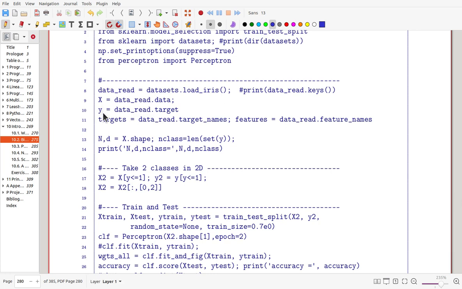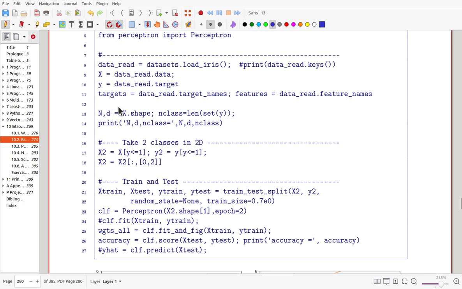The label names are not 0, 1, 2 themselves; there are 3 classes, so the labels include 0, 1, 2. They also have target names and the features, 4 columns. This is a 4-dimensional data set, and you have the original feature names.